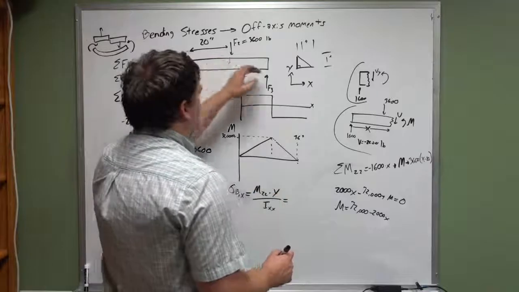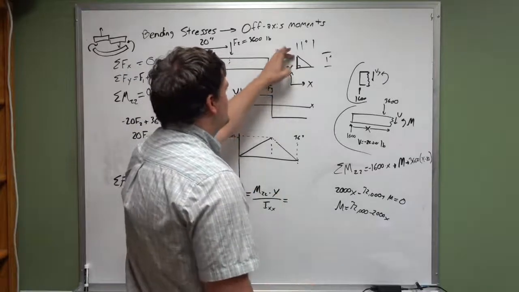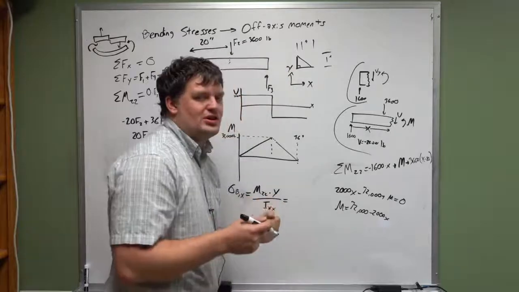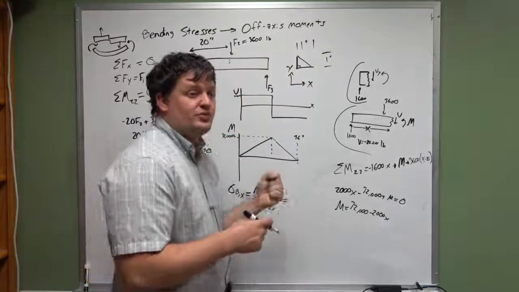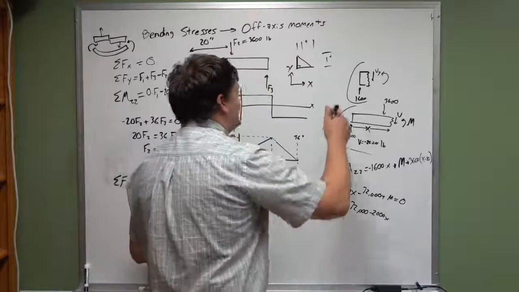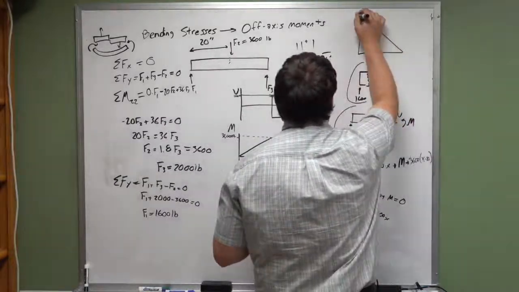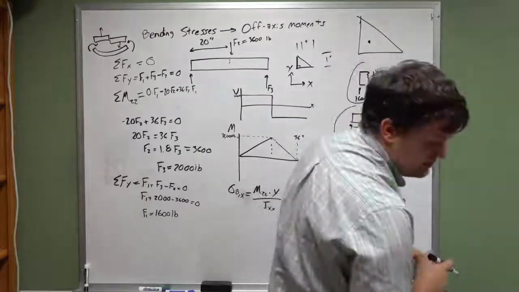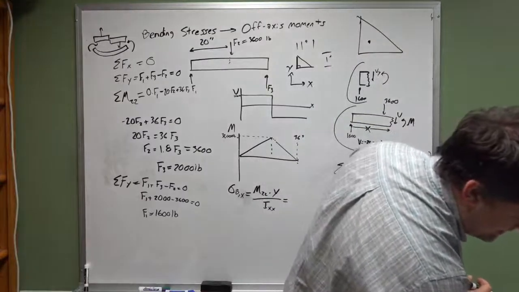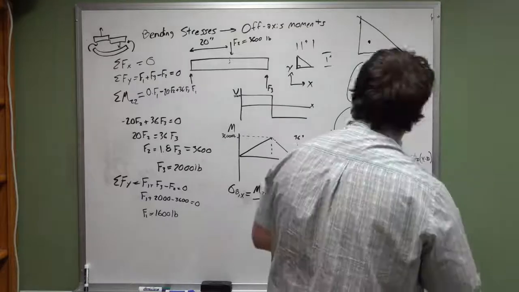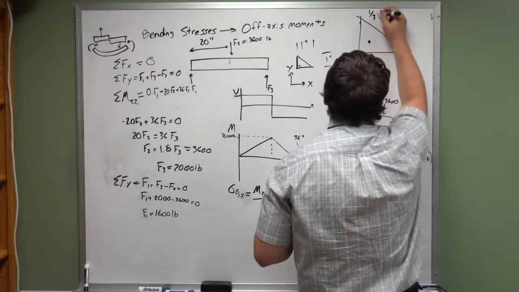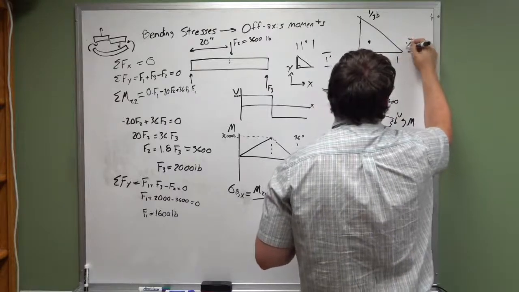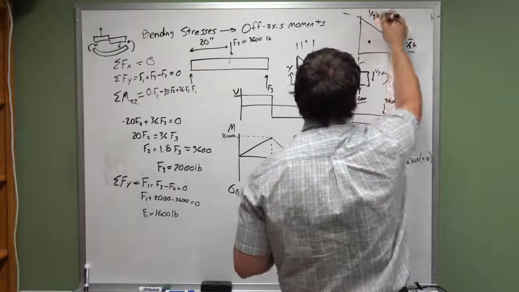Y, well, what Y is we could either calculate it up here or down here. The problem with figuring out Y is that it's measured from the centroid. The centroid of this shape is about right here. It's actually located at 1/3 of this base distance and 1/3 of this height distance.